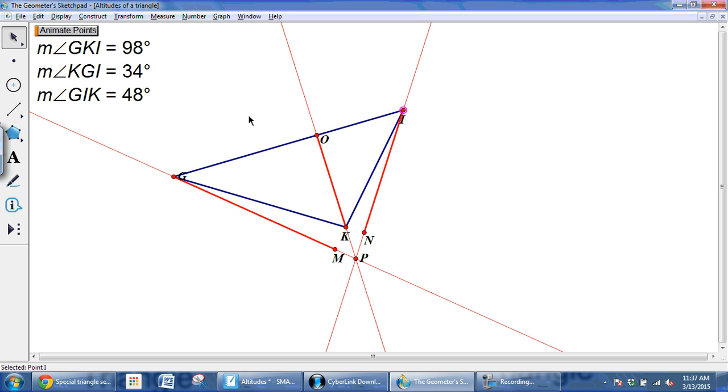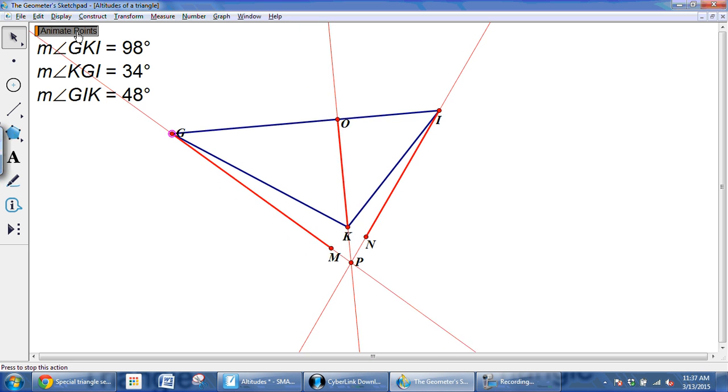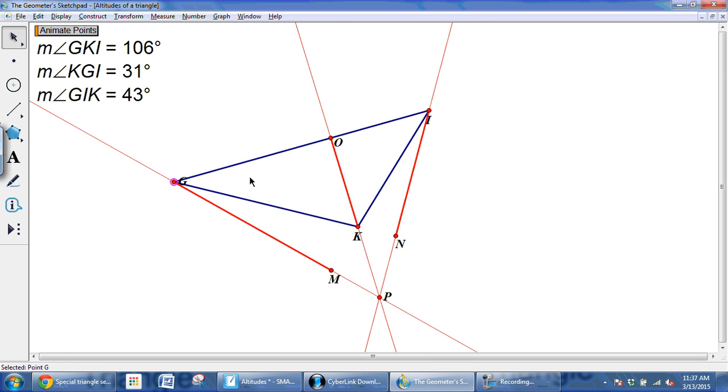Will that always happen for all obtuse triangles? Well, let's try to make more obtuse triangles. And it appears that it will be true. See here, it's exactly on the triangle, and we're going to talk a little bit more about that later, but this is not an obtuse. But when it is obtuse, you could see that the orthocenter is outside the triangle.